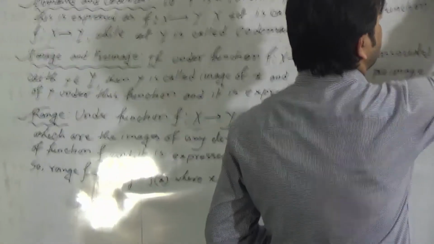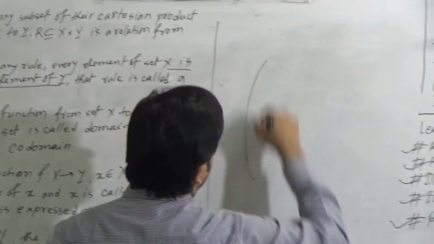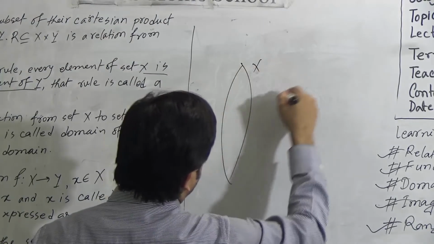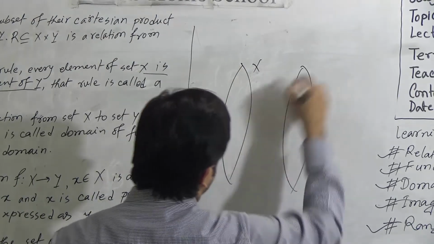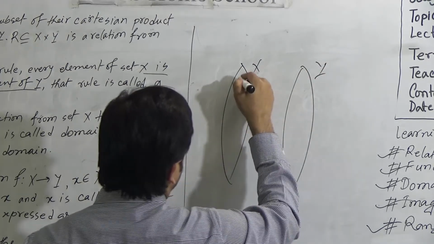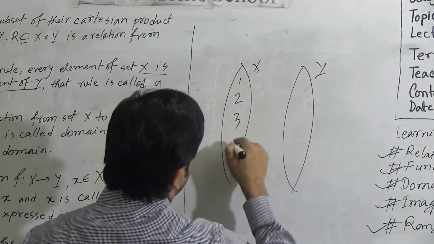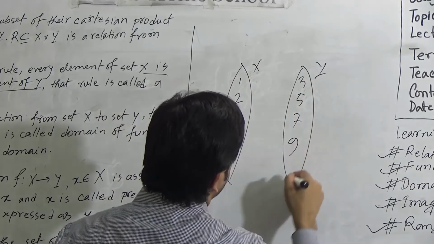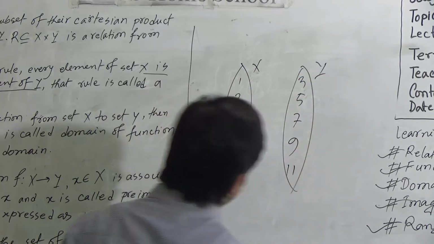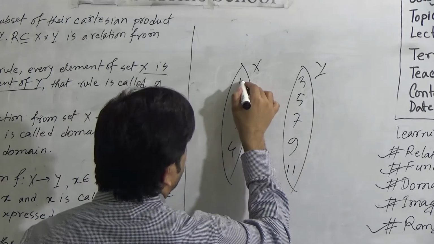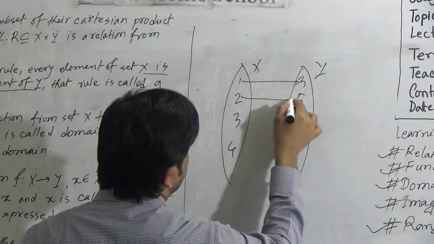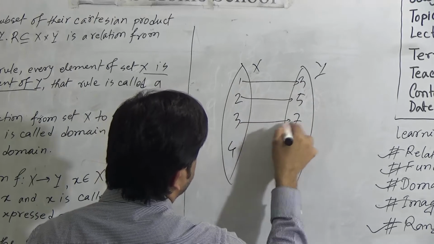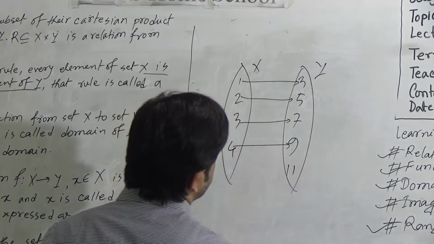See from here. Now X is a set, Y is another set. Elements of X are 1, 2, 3, 4. Here Y has 3, 5, 7, 9, 11. If we consider, the image of 1 is 3, the image of 2 is 5, the image of 3 is 7, the image of 4 is 9.